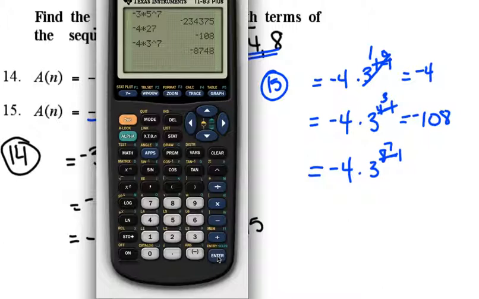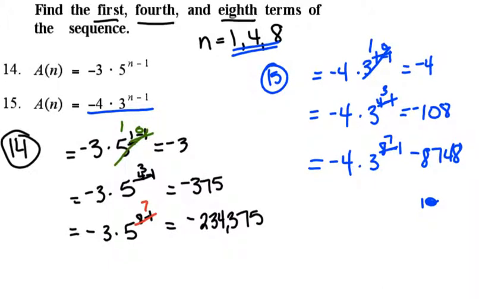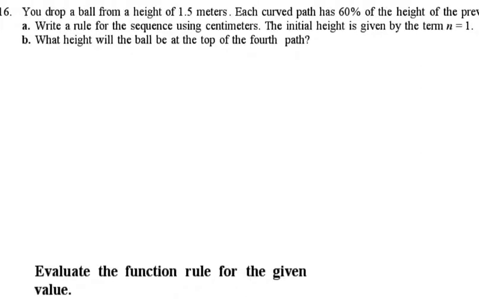That gives you negative 8,748. And that would be the end of this particular slide. Let's go ahead and go on to the next one. If I can find the cursor. There we go.